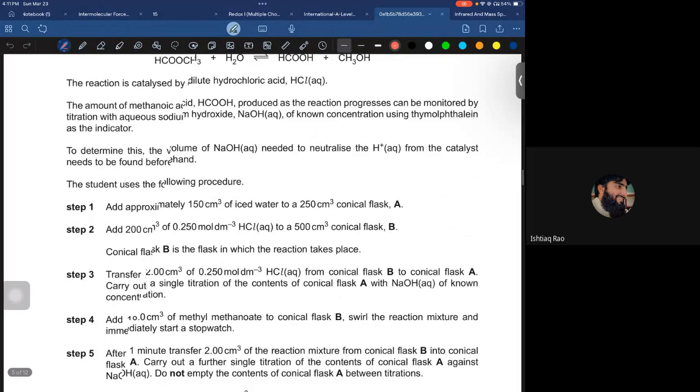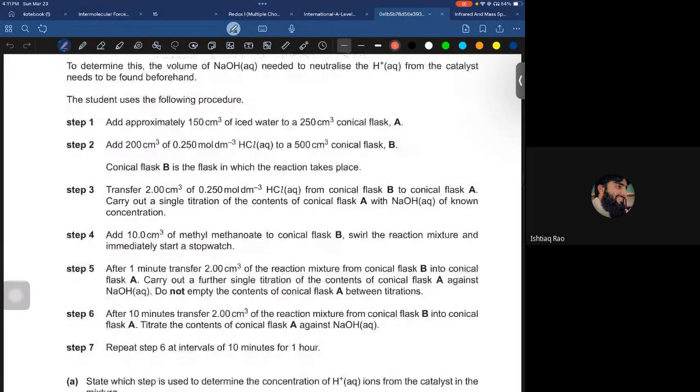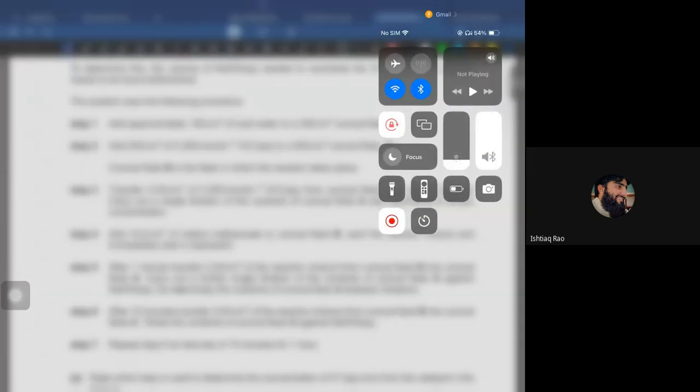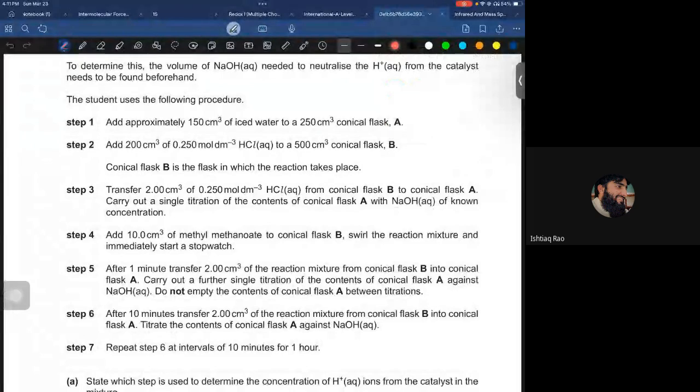Step number 1: add approximately 150 cm cube of iced water to a 250 cm cube conical flask. Step 2: add 200 cm cube of 0.250 mole per dm cube HCl to a 500 cm cube conical flask B. Conical flask B is the flask in which the reaction takes place.